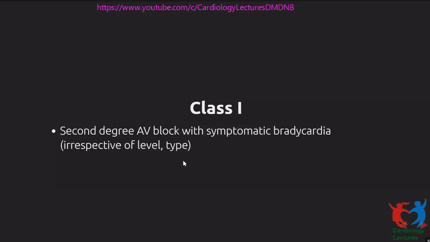Now, when you have 2:1 conduction, by definition, there are no two consecutive conducted P waves, so you cannot assess for a Wenckebach kind of PR prolongation. So in that case, it's better to just call it 2:1 AV block, and there we make a presumptive diagnosis from the ECG as to whether it is a type 1 or type 2 based on two things: the width of the escape QRS and the PR interval of the conducted P waves.